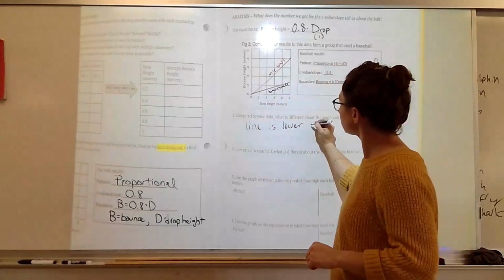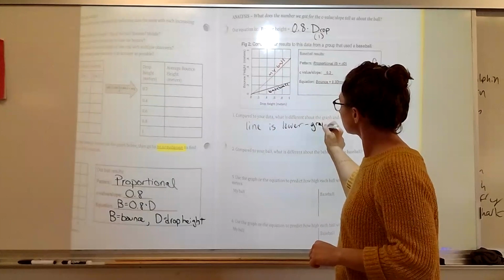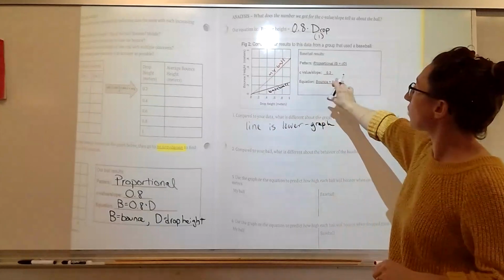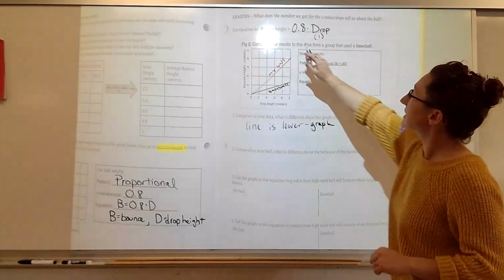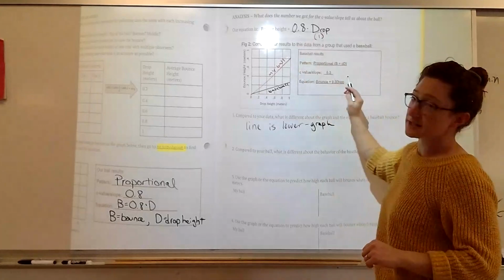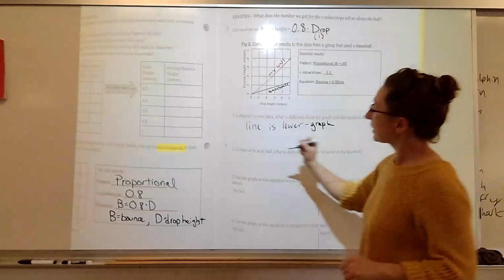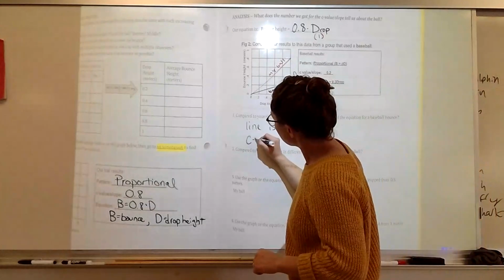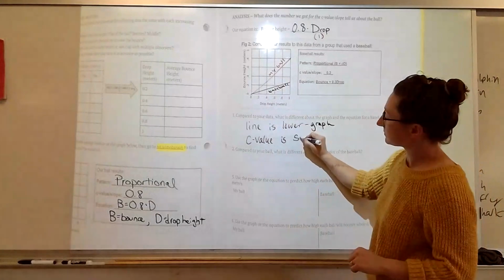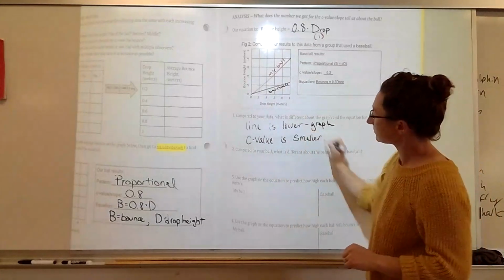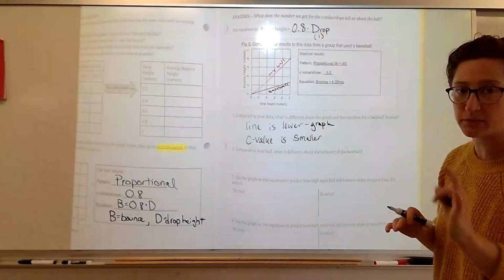And for the equation, I see that it looks really similar, but my number is 0.8, theirs is 0.3. So the C value is smaller. I hope you can hear me.